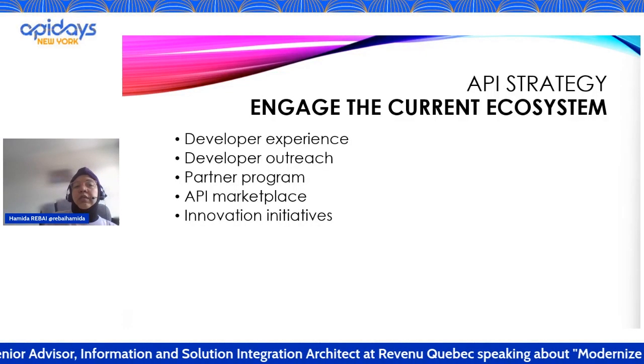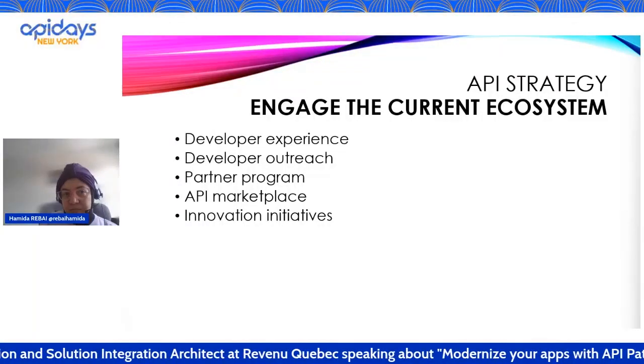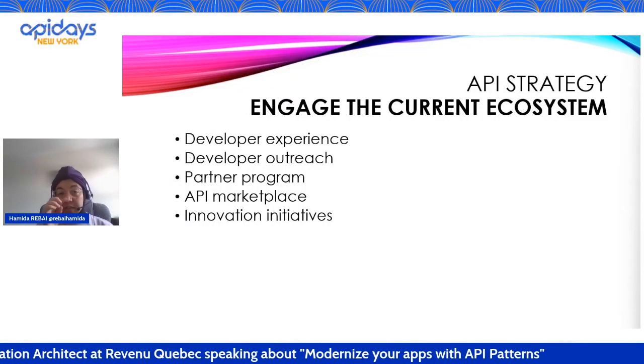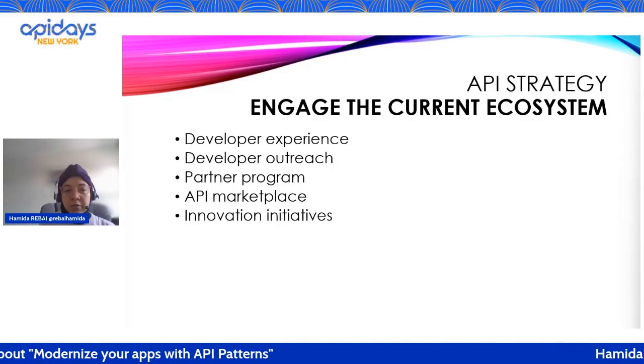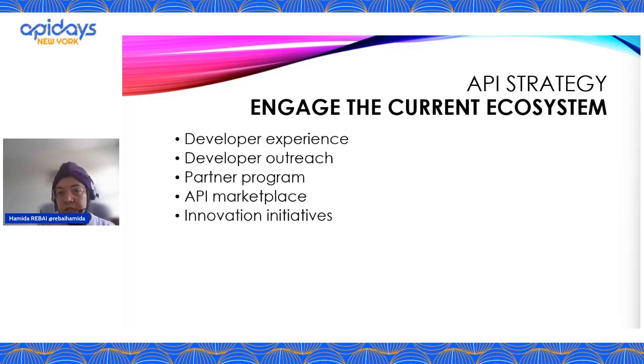Now it's time to engage our current ecosystem, because it's also important in our API strategy. And to do that, we have some key considerations for engaging your ecosystem in your API strategy. The first one is developer experience. We need to provide a good developer experience because it's crucial for engaging the developer community around your APIs, which means documentation, sample code, tutorials, and any other resources that make it easy for developers to get started with your APIs.